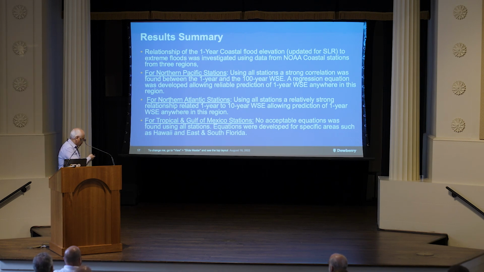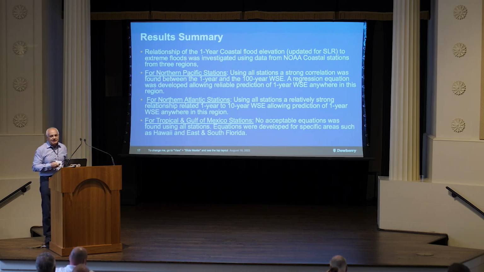Anyway, for the Northern Atlantic stations, the results weren't as strong, but a relatively strong relationship between the 1-year and the 10-year water surface elevation was established that allows getting a good estimate of the 1-year flood elevation based on the 10-year.